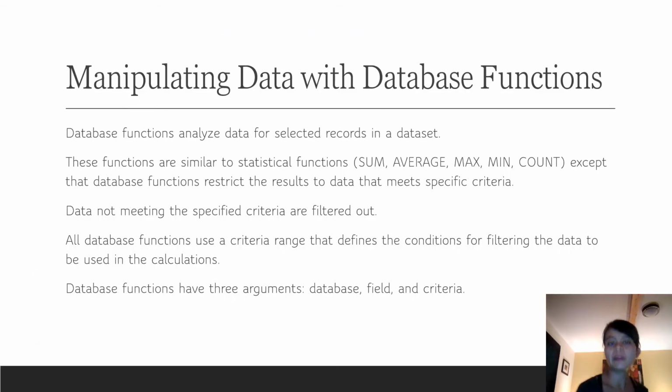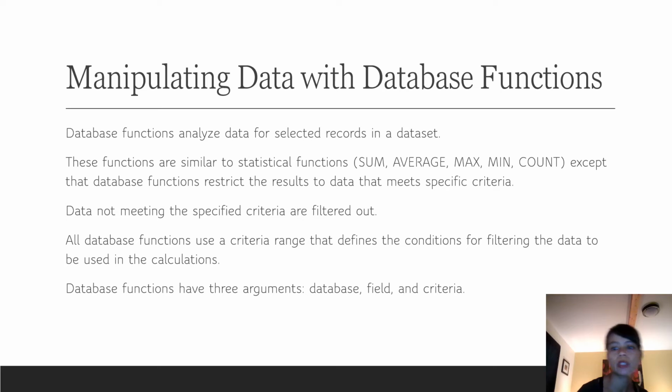Next, we look at manipulating data with database functions. Database functions are there to analyze data for selected records in a data set. So the functions are similar to statistical functions like sum, average, max, min, and count, except that the database functions restrict the results to the data that meets the specific criteria.